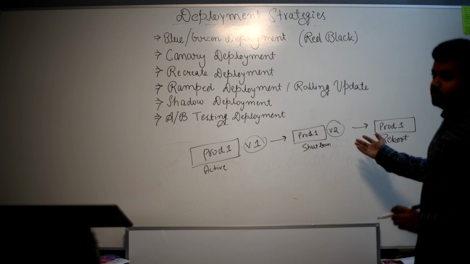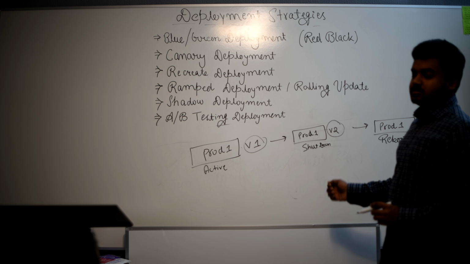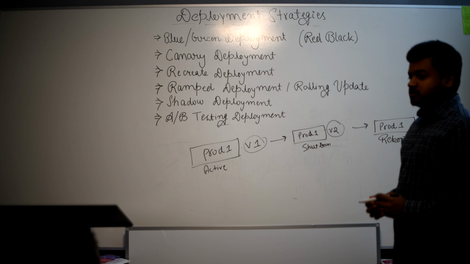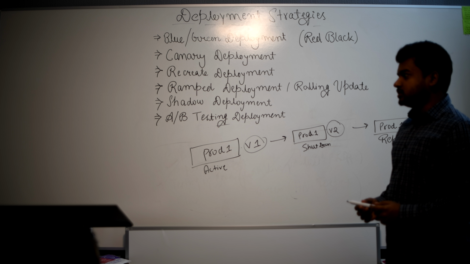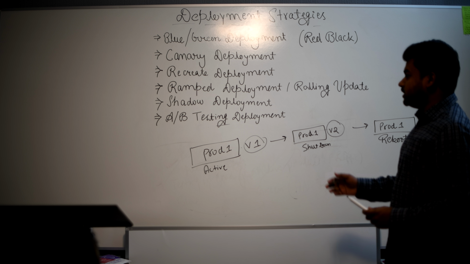It's like how we do in our Windows system. When we update our Windows system, we do a reboot after updating Windows 10 or Windows 11. So this one is the same process.